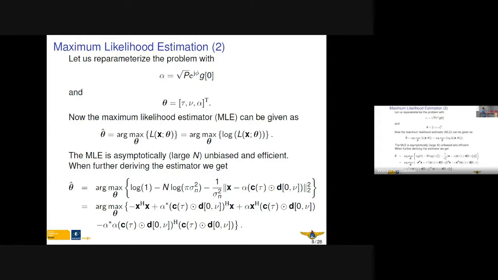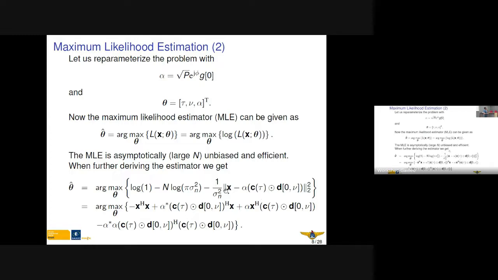Yeah, when further deriving the estimator, we can apply the logarithm to the PDF, and we arrive here with the first equation: arg max of log 1 minus and so on. We can now neglect the terms that are not dependent on theta, right? So the first one, the second one, we can further expand the third one. We can also neglect this factor here, 1 over sigma n square, because it doesn't influence the result at all.